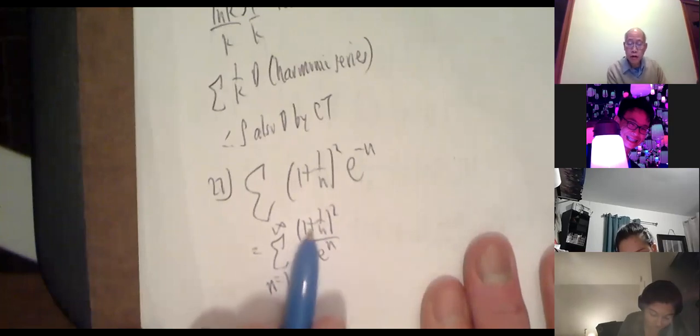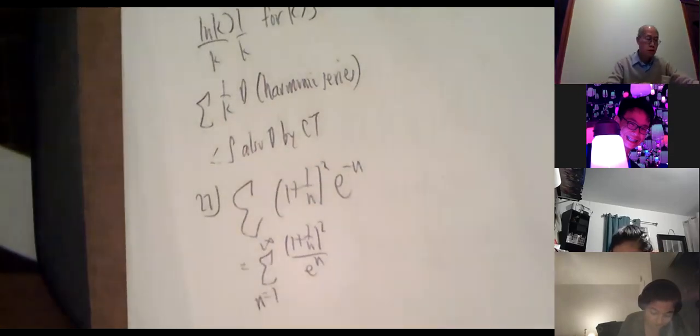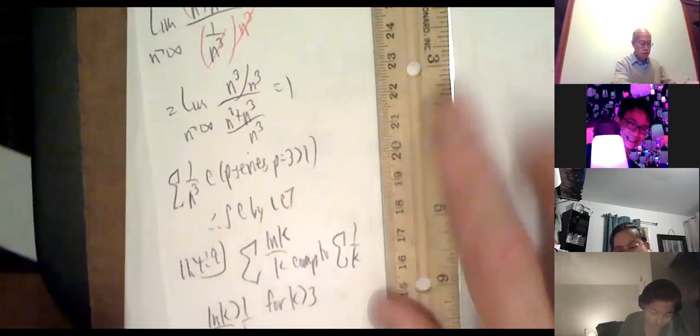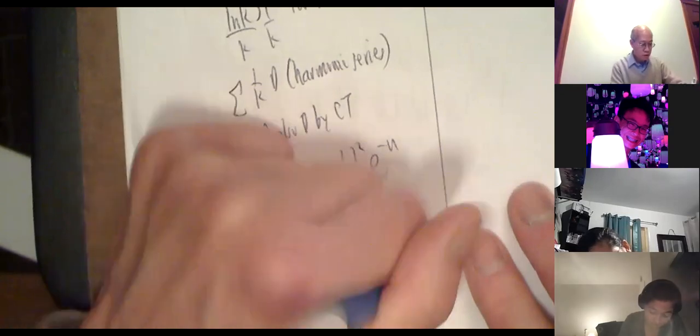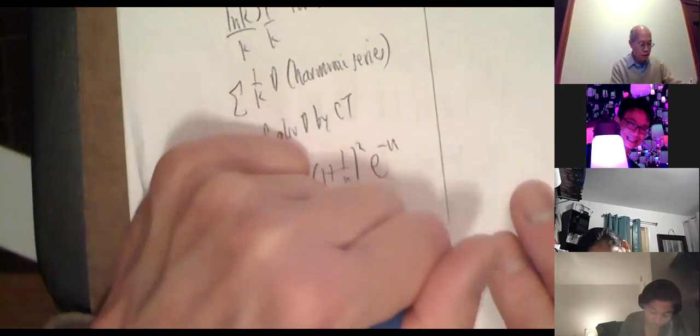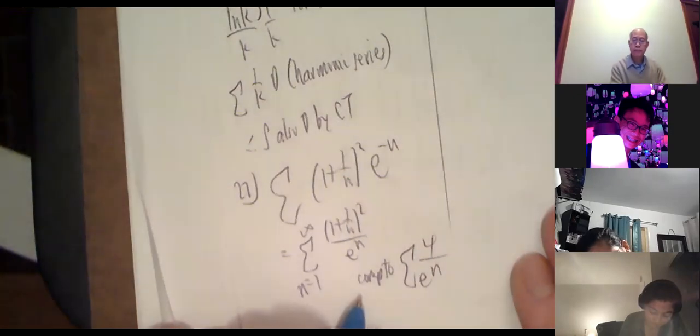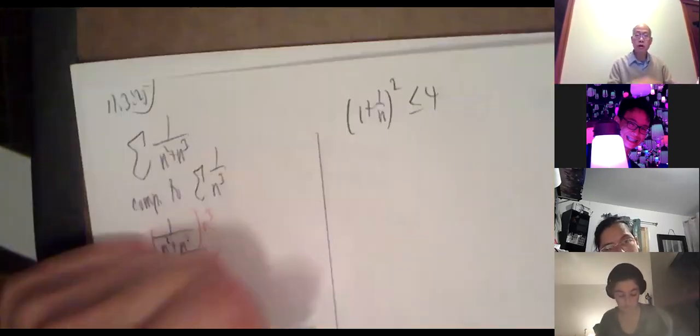Okay. If I plug in 1, I get 4. If I plug in anything else, it's less than 4. So I would do a comparison test with 4 over e to the n. So compare to summation 4 over e to the n. 1 plus 1 over n squared is less than or equal to 4.